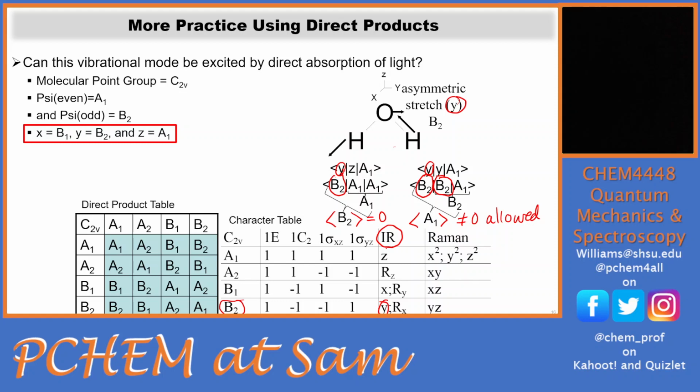And then this asymmetric stretch is moving in Y, so the dipole moment is going left and right in the Y direction. We can find Y in that character table and know that Y polarized light is going to absorb, and that motion is B2 and so is light polarized in the Y direction.